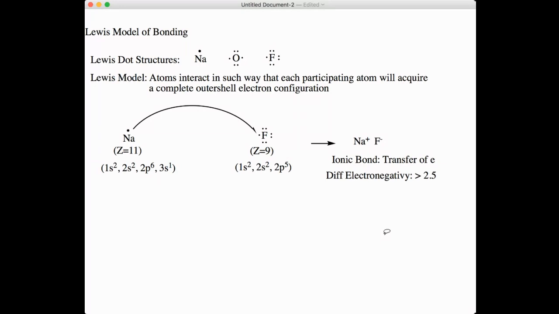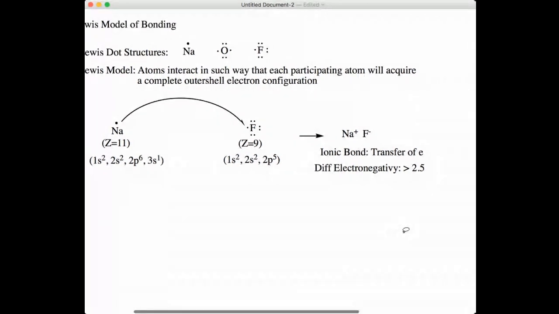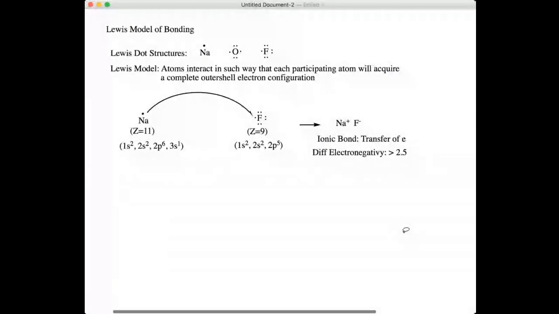So in the Lewis model of bonding, when two atoms are coming together, they are reacting in such a way that both atoms are completing 8 electrons in the valence shell, or at least a complete outer shell. I'm using 8 because I'm focusing on elements of the second row, okay?